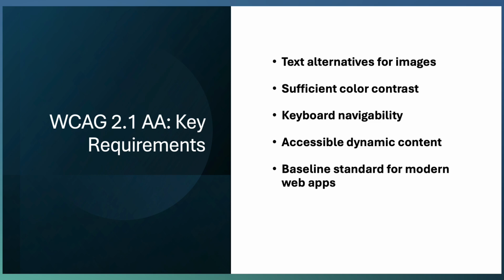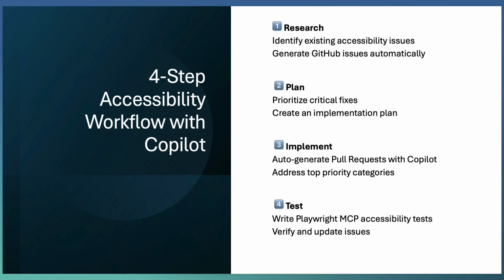Now, let us see how we can use GitHub Copilot Chat on github.com to help us analyze, plan, fix, and test our project for accessibility compliance. We will use a simple 4-step workflow to bring a project towards WCAG 2.1 AA standards.